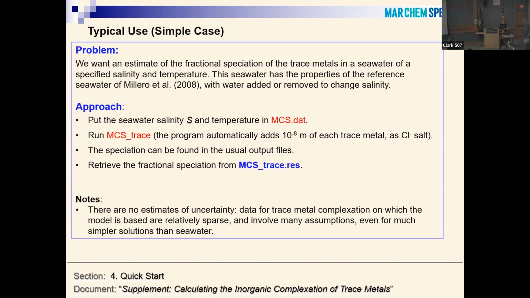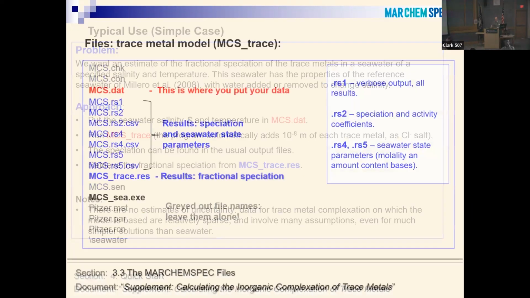The measurements of trace metal complexation involve many assumptions, even for much simpler solutions than seawater. So any except the grossest estimates of uncertainty would likely be fictions. So we have not tried to delve into that mess, at least not yet.